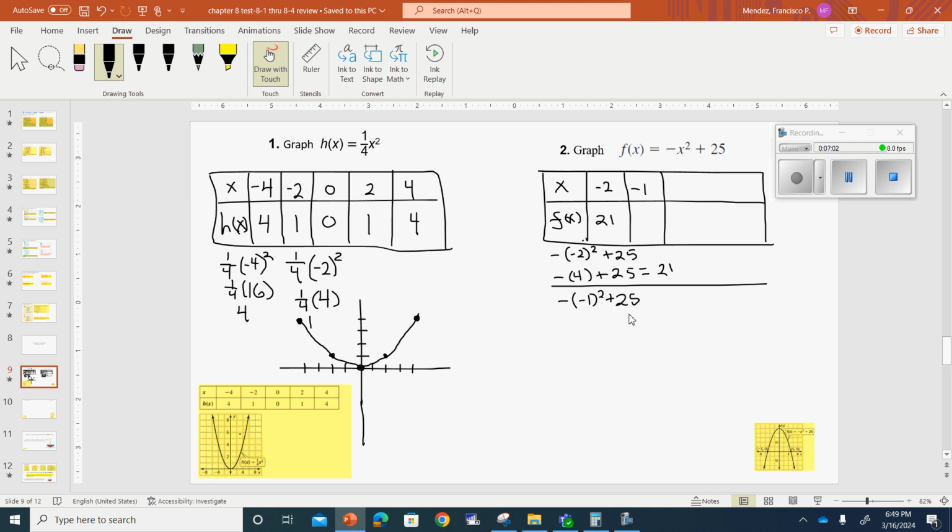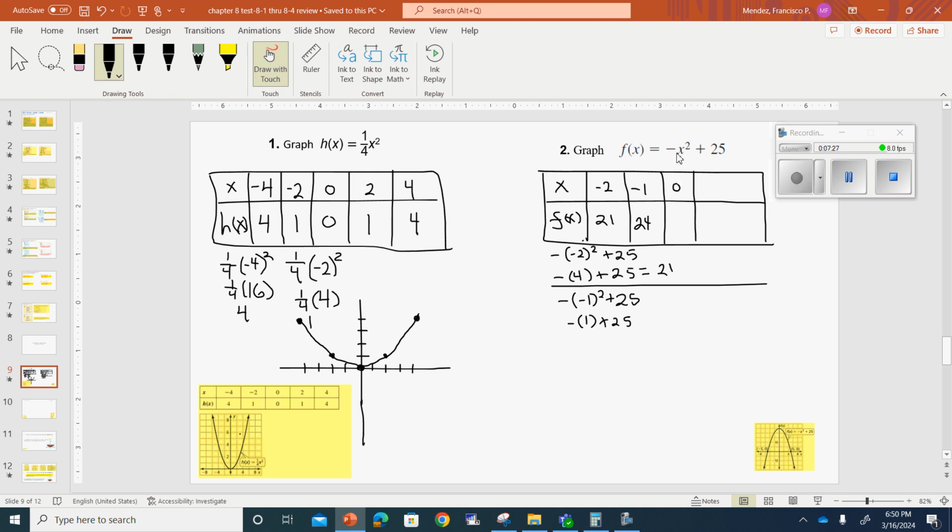All right. If I do this, I see that -1 times -1, well, that's 1. Now I've got a negative in front of the 1, plus 25. Well, that's going to be 25 minus 1, and that's 24. All right, and then we've got 0.